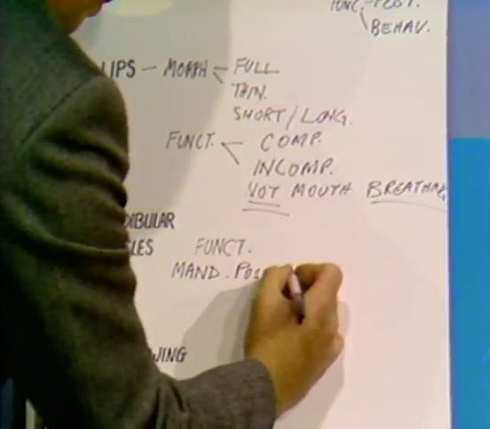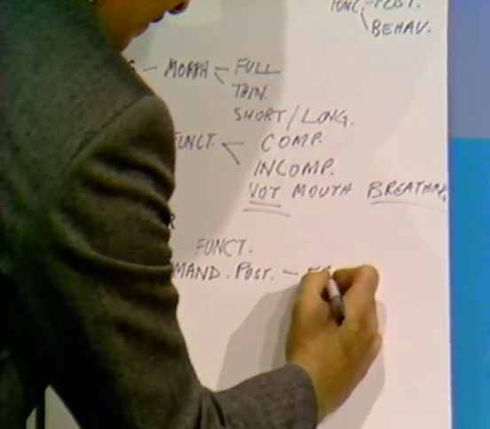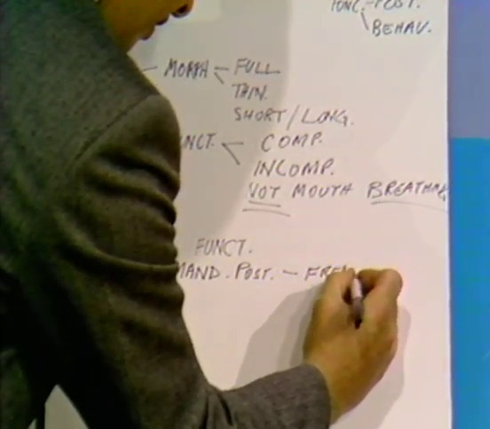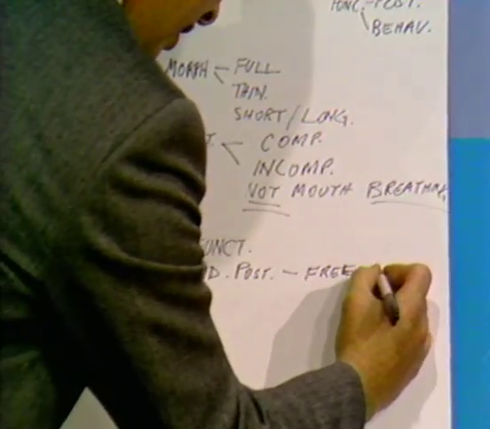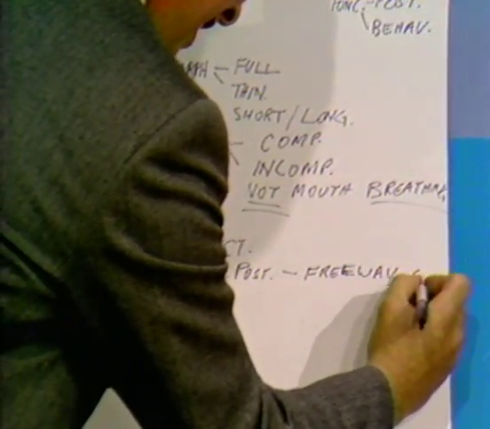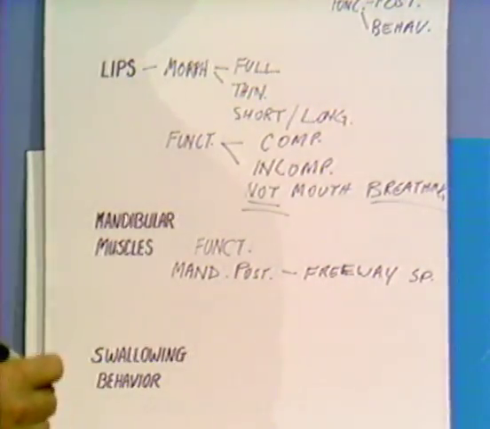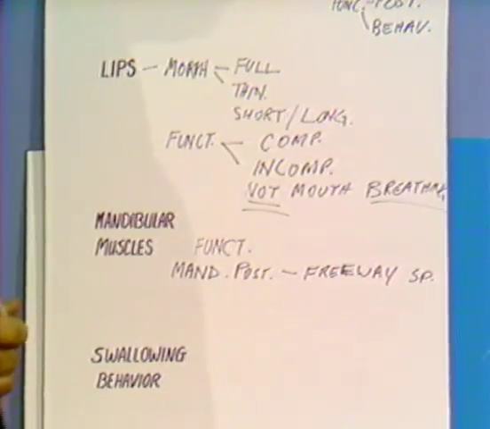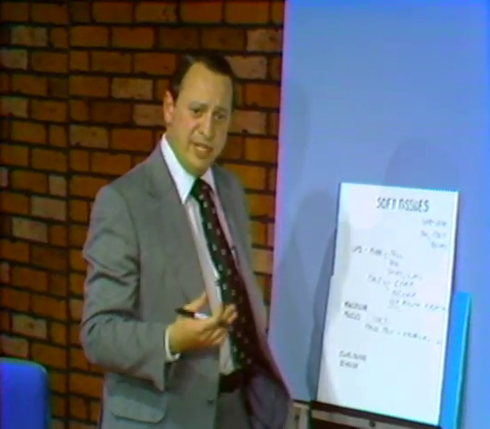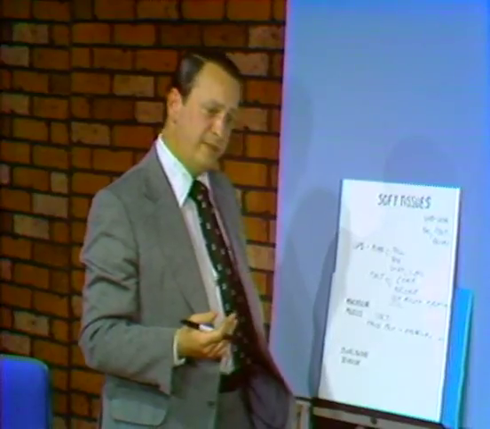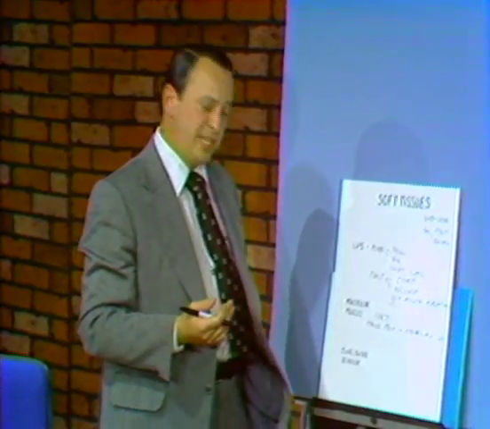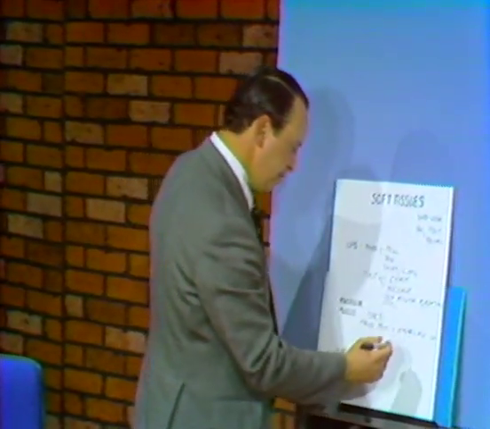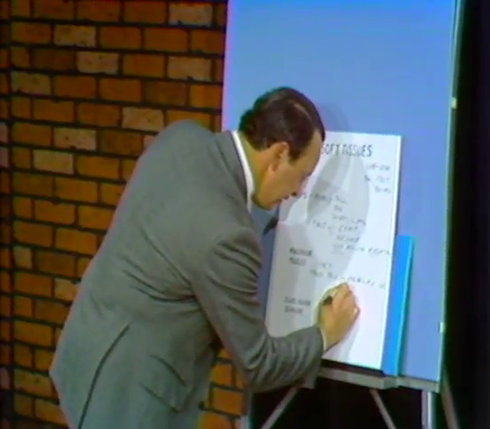First of all, by reference to the freeway space. Freeway has two E's. And secondly, to the path of closure from habitual rest or resting relaxed position of the mandible to the position of maximum intercuspation. So we have freeway space and path of closure.